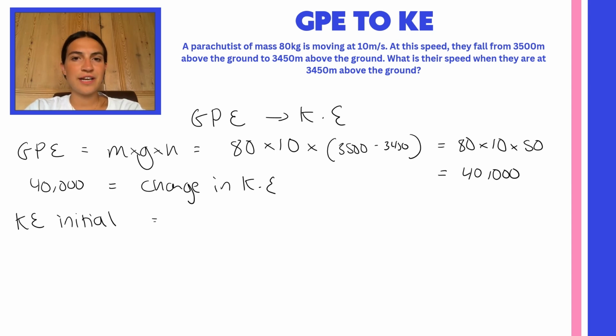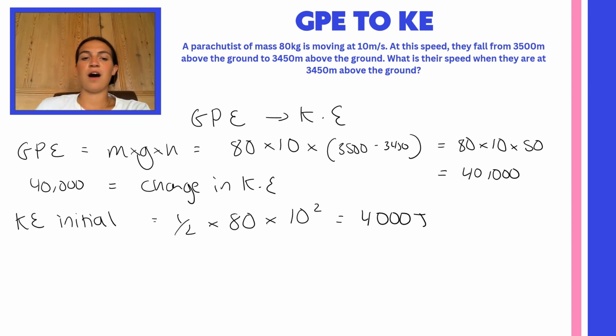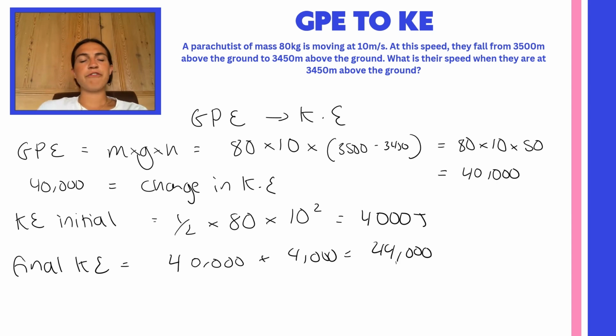So the initial kinetic energy of this object, unlike the previous examples, was not 0, but it was a half times mass, 80, times its speed squared, 10 squared, or 4,000 joules. So the final kinetic energy of this object is going to be that initial kinetic energy that it had, plus this extra kinetic energy that it has gained by dropping this height.